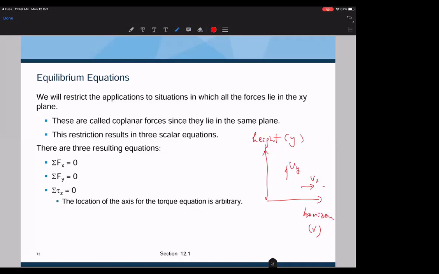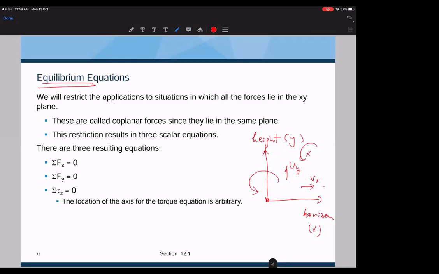And finally, in the plane, the object might rotate. It may rotate about the origin, or about actually any point in your diagram. But in our consideration, we are considering equilibrium.